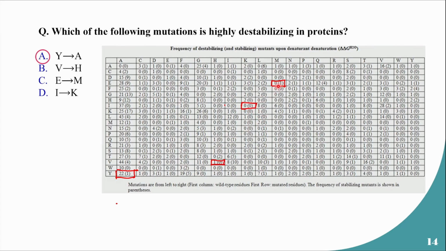For the other ones also, we do not have such highly significant values, but for E2M, we also see one stabilizing mutation as well, right? For Y2A, we have a lot of data, and among them, only one observation would result in a stabilizing mutation. The other 22 were not. So that is why in this case, the Y2A mutation could be highly destabilizing in proteins.